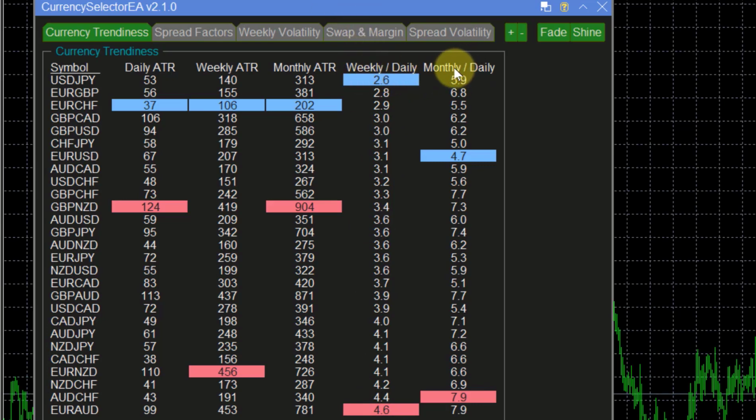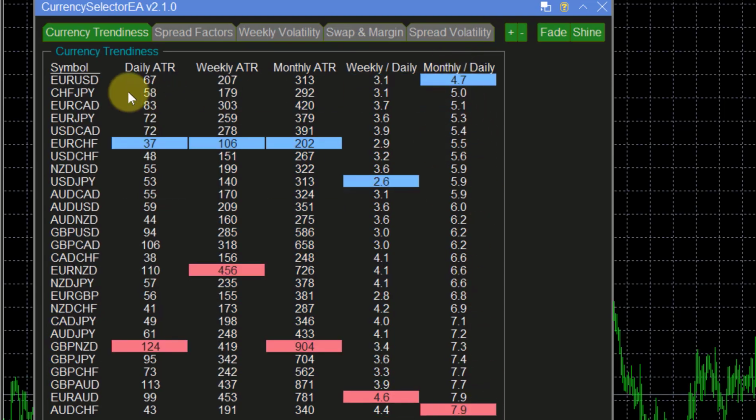Then if you want to do the monthly ATR, and we can sort that, we find that the euro, in fact, is the least trendy because over a month the ATR is only 313, whereas the daily ATR is 67. That means the monthly ATR is 4.6 times the daily one.